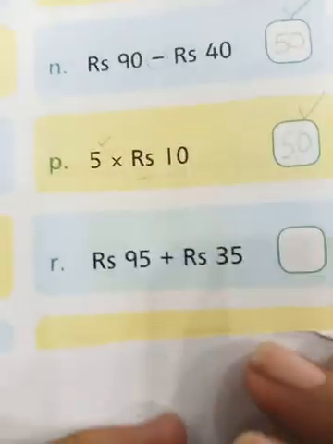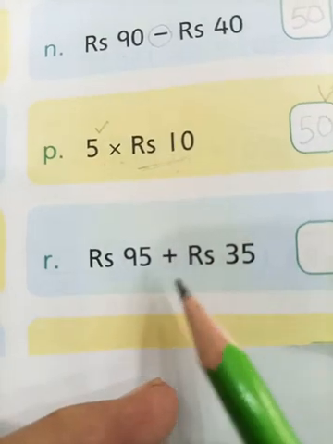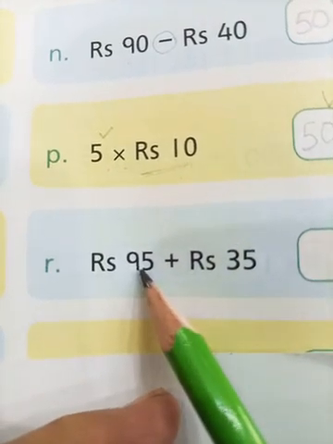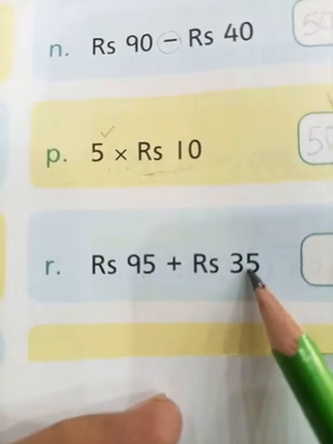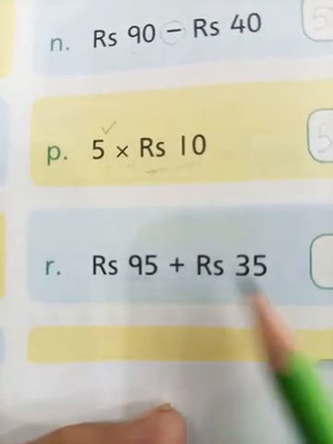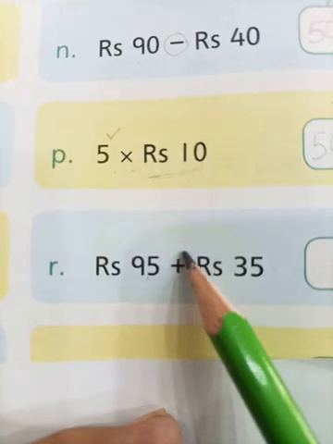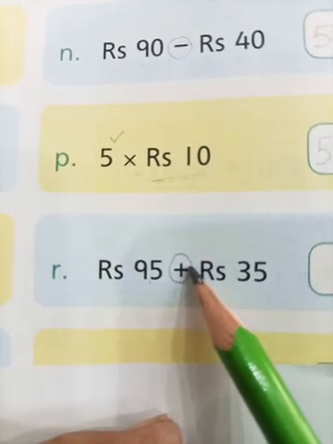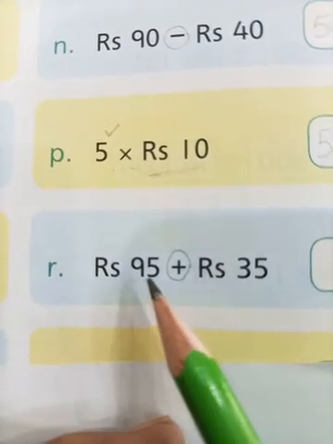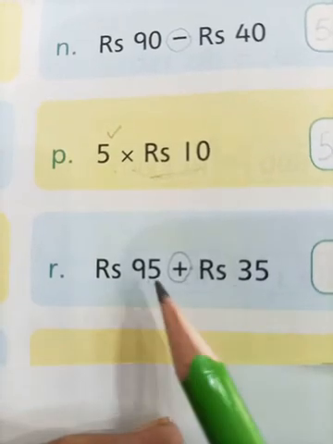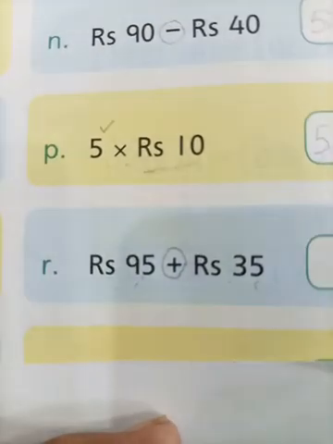Next is the part R. Students, here I have 95 rupees and you have 35 rupees. Now how many rupees in total do we both have? So students, we have to do the process of addition to get our answer. Let's add 95 and 35.